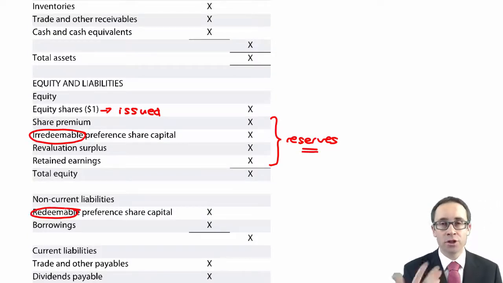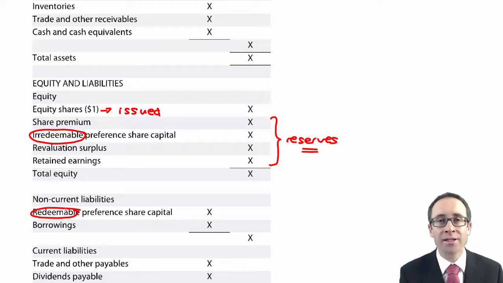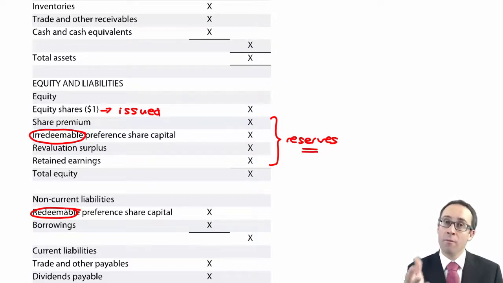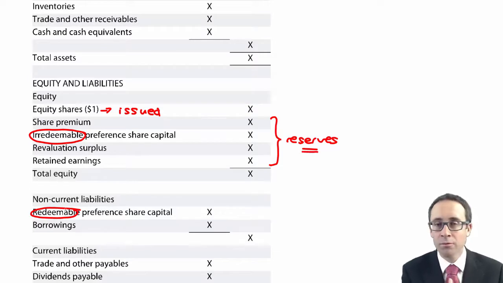It's accounting for the substance, isn't it? The economic reality. When we go back to the framework, remember, we had those fundamental qualitative characteristics. One of them was relevance, and something was relevant if it was material.